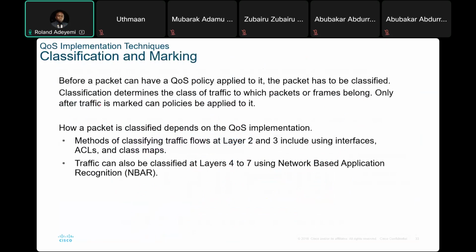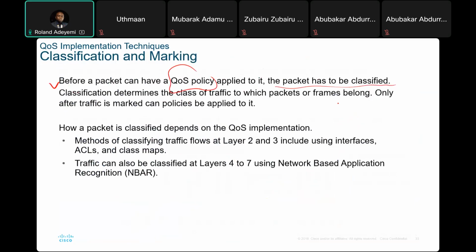So, classification and marking again. Before we can apply any policy, the packet has to be classified. Who does the classification? You. What is the classification all about? You just say, okay, this particular packet is classified as, you name it, let's say ProSpark.